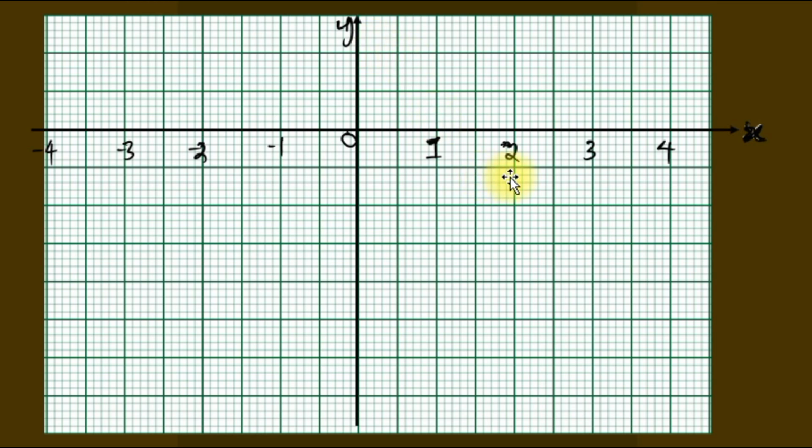So for y, we're moving in 2s, so we have 2, 0, -2, -4, -6, -8, -10, and -12.